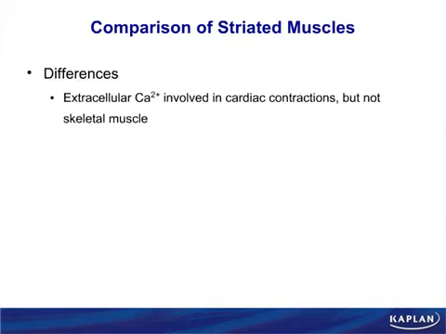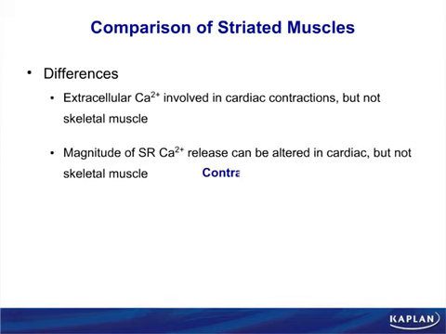All right, differences. Skeletal muscle: all calcium comes from the SR. Not true in cardiac muscle. Extracellular calcium does flux through the L-type calcium channel, so it comes from extracellular into the cytosol. So extracellular calcium is involved in contraction of cardiac tissue, but not skeletal muscle. Now, in cardiac tissue, the magnitude of calcium release from the SR can be altered.